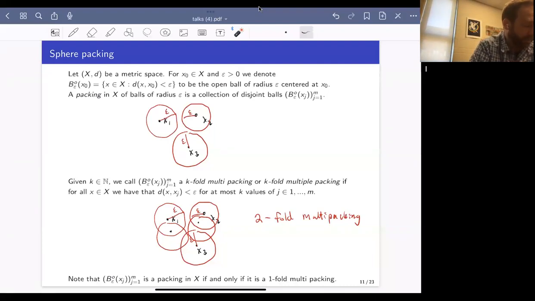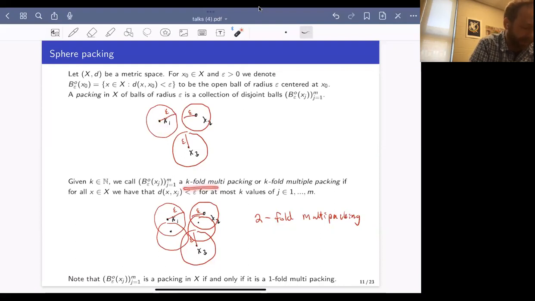Sphere packing comes up in a ton of important situations. One example is in error correcting codes. If you transmit a code and there's some small amount of error in it, if the code is part of a packing, and you receive something instead which is different from what you're trying to send, you can still figure out what is the exact signal.